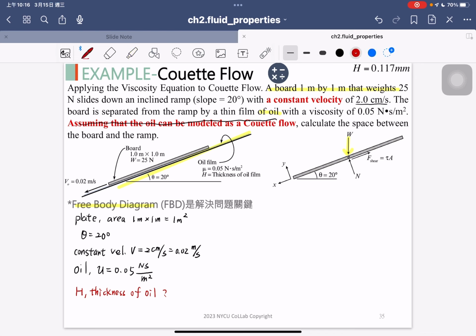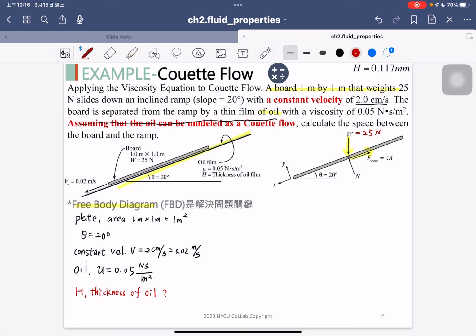And we know the weight is 25 Newton, directed downward. Okay, and second, we have the shear stress force. So we have the shear force here.